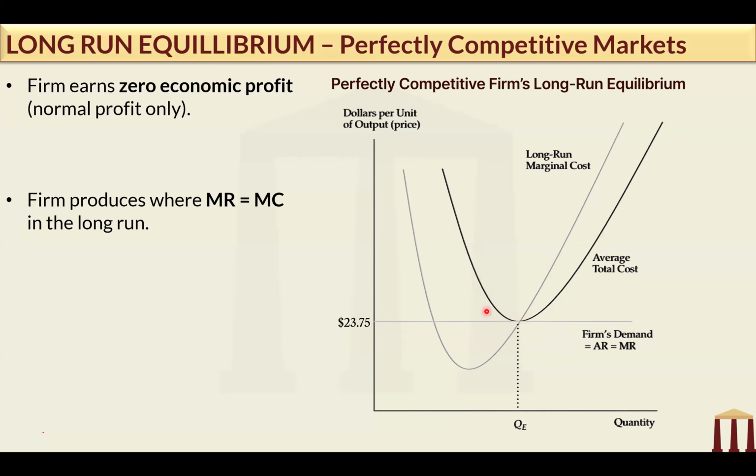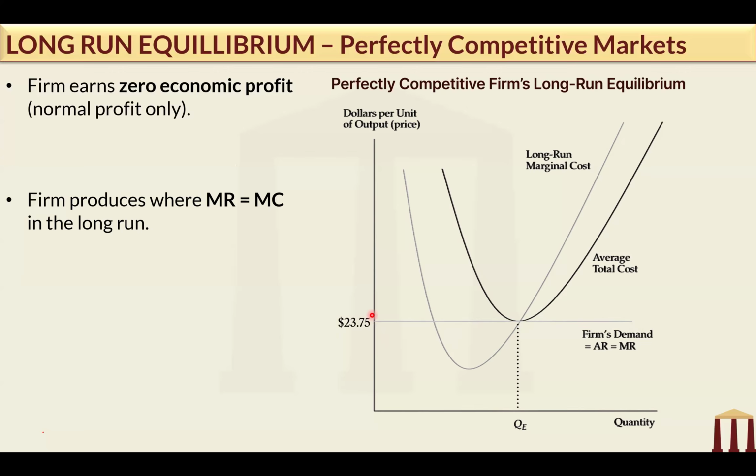Okay. So if you see, it is not possible to go below this. You cannot go below the cost. You cannot take your price below your minimum level of average cost. That is not possible. So that is the minimum price that this perfectly competitive market can go down to.